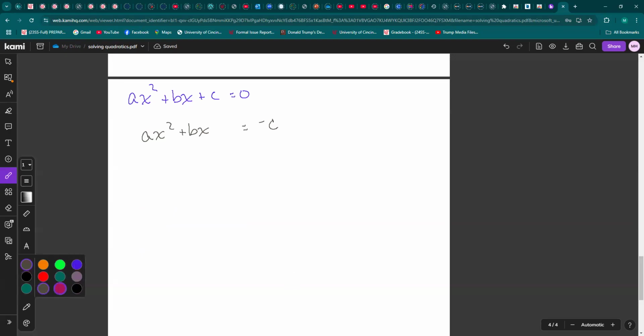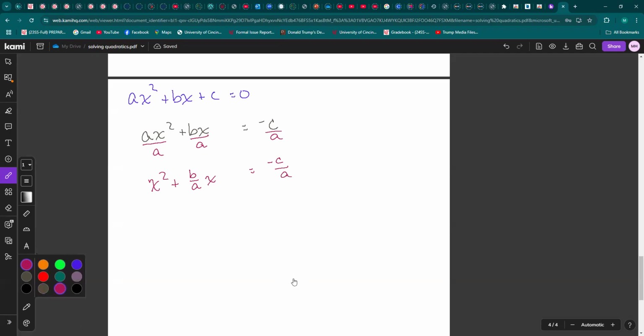All right. And then we're going to divide everything by that coefficient of x squared. Okay, so then we have x squared plus b over a x equals -c over a.